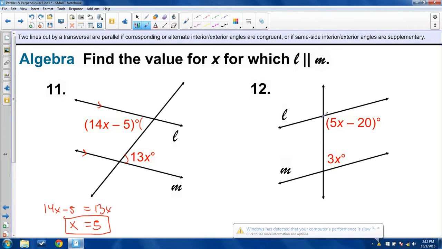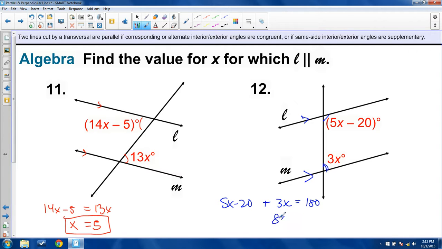Now these two right here, when these lines are parallel, we're looking once again at same side interior angles, and these are supplementary, not equal. But when I add up 5x minus 20 with 3x, those two angles, I'm getting 180 degrees. 5x plus 3x is 8x. When you add 20 to both sides, I'm going to see 8x equal to 200.